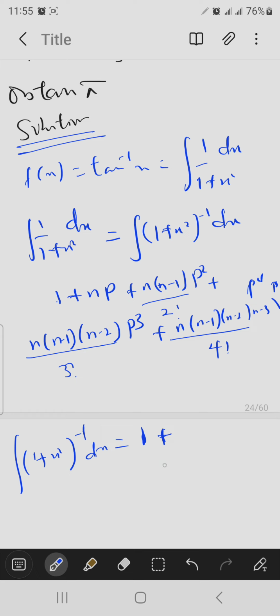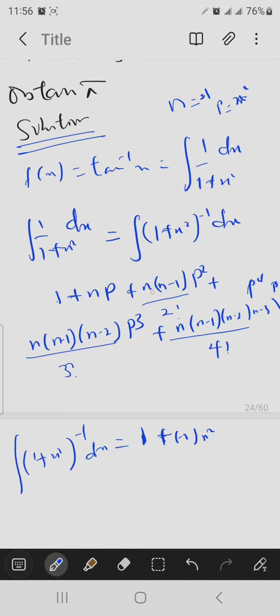My n is going to be 1 minus that minus 1, which is the power, so n equals minus 1. And my p will be x squared. That's the rule. So the first term is minus 1 times x squared.